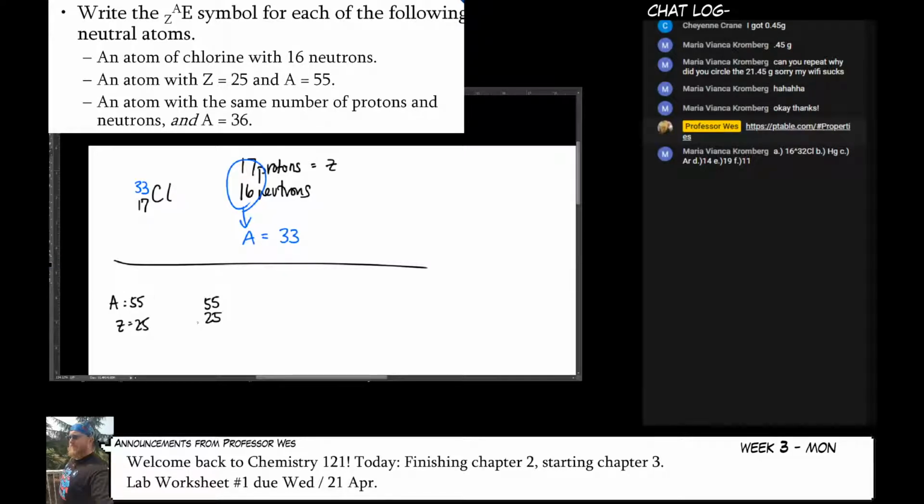Well, I know that I have 25 protons, so I'm going to go look up element number 25, and that would be manganese. And again, we'll just indicate this is A, this is Z, and this is our symbol.